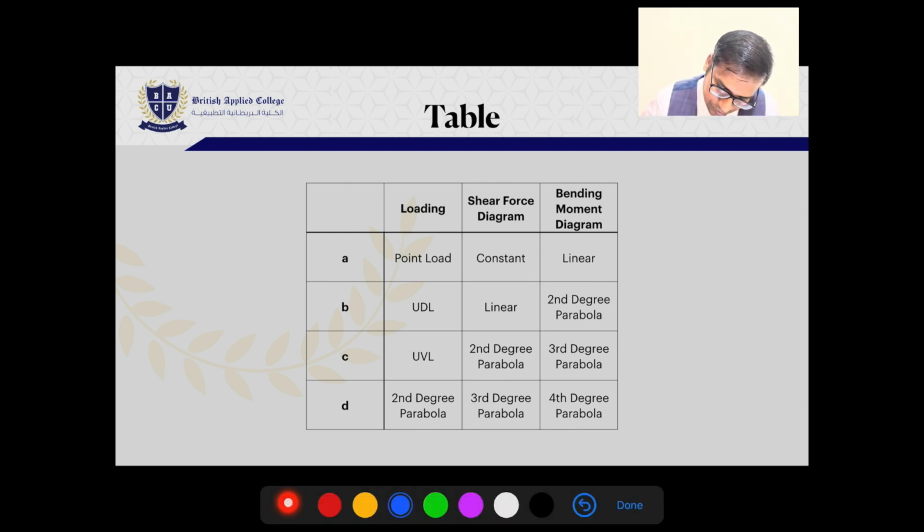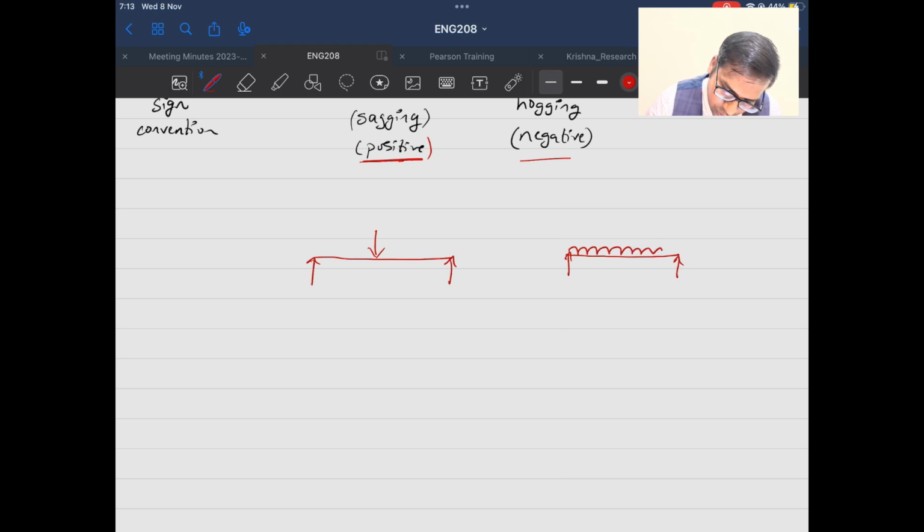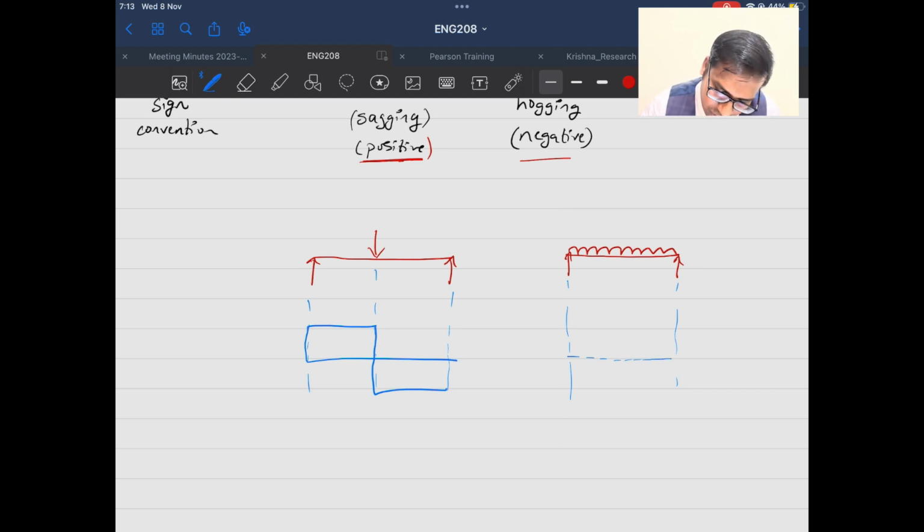For example, if I have a simply supported beam with a point load and a simply supported beam with a uniformly distributed load, then for these cases the shear force diagram will look like this.